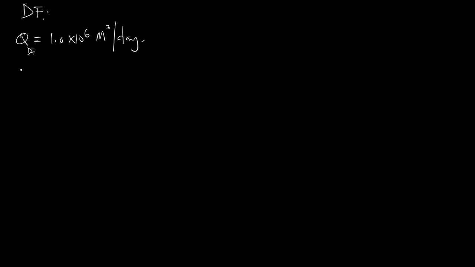Now we know the length of DF, the length of the pipe segment to be 10 kilometer. Now we know the nominal diameter to be 200 millimeter. We know the wall thickness to be 6 millimeter.